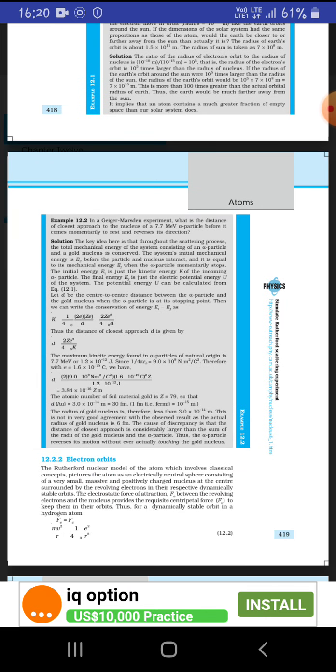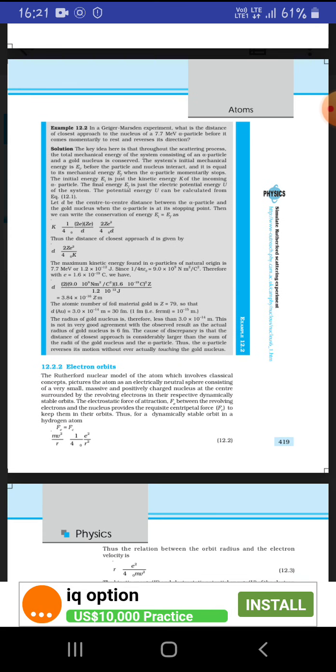Next is electron orbit. So here also you have a formula. The electrostatic force of attraction Fe between the revolving electron and the nucleus is provided by the centripetal force Fc to keep them in their orbits, thus for a dynamic stable orbit in a hydrogen atom.